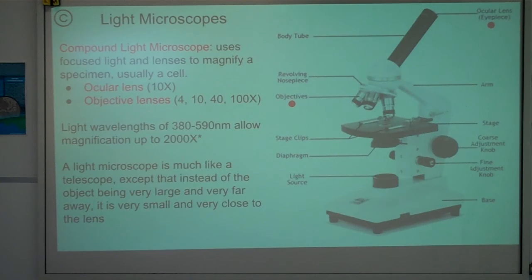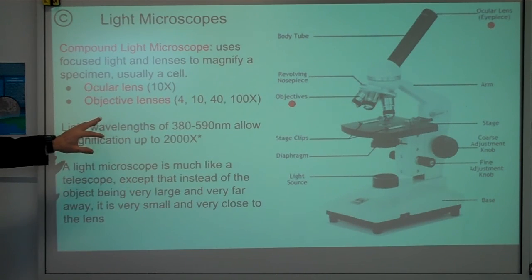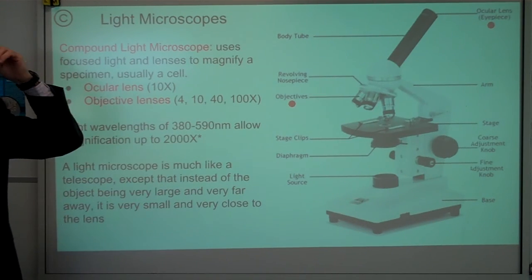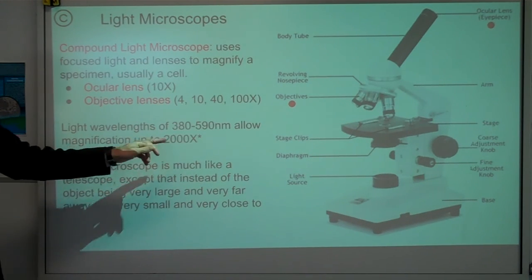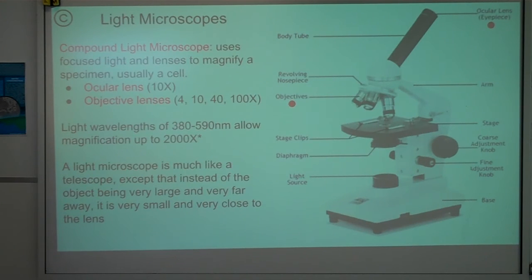Light wavelengths, you don't need to know this per se, are about this long. A nanometre is a billionth of a metre, so it's a millionth of a millimetre. So 380 millionths of a millimetre is how long a wavelength of light is. They're short, high energy.